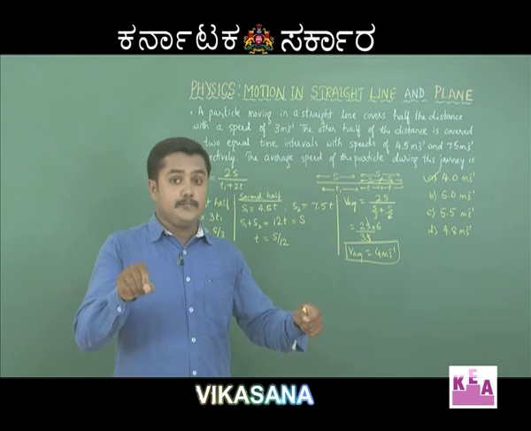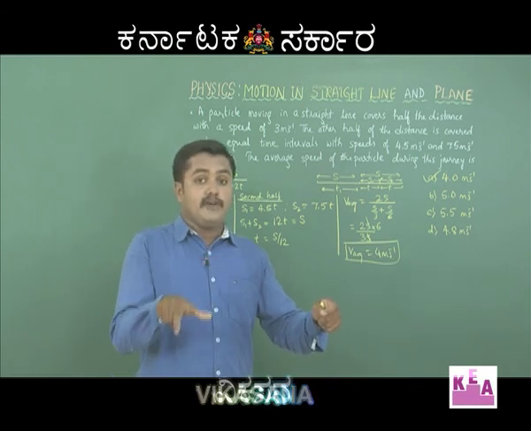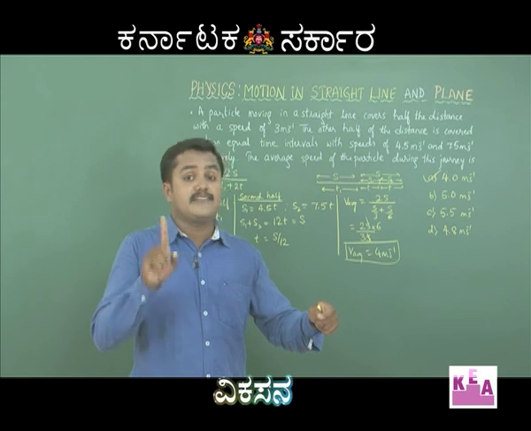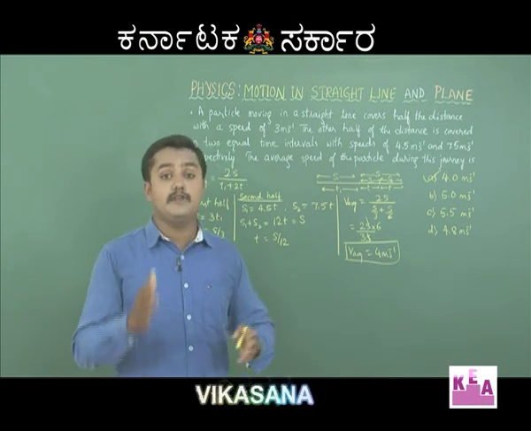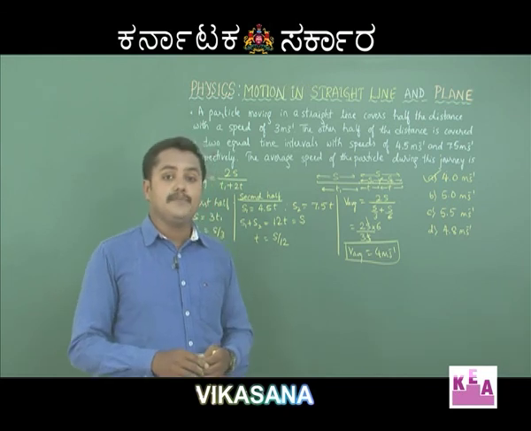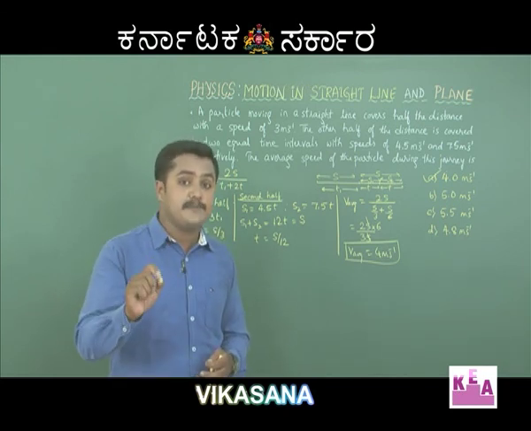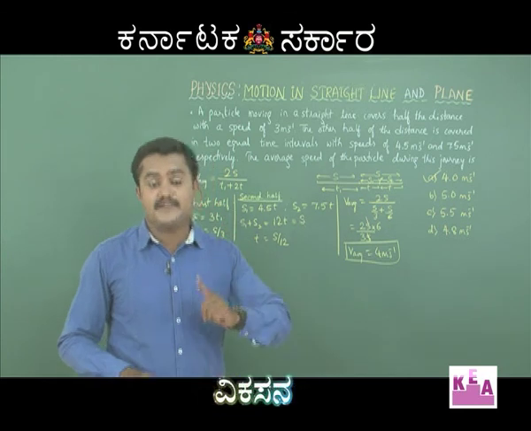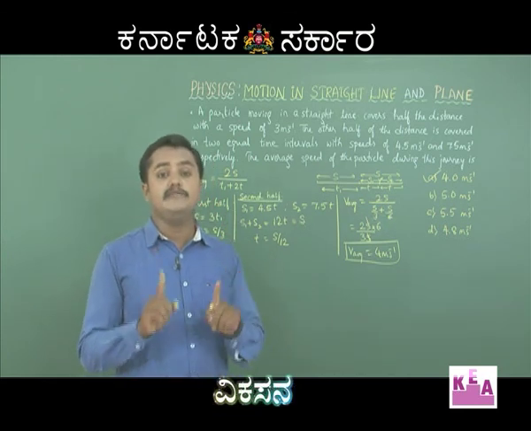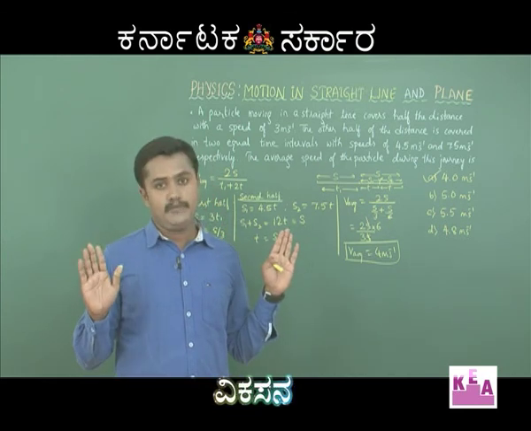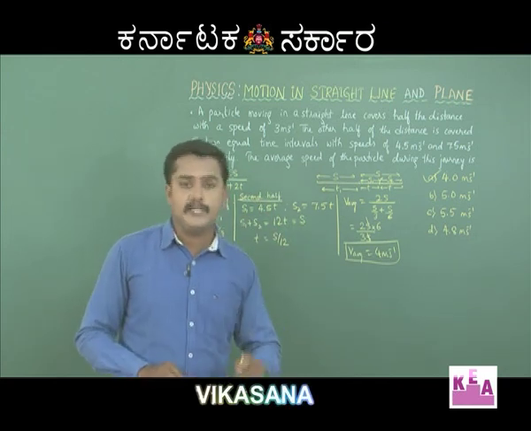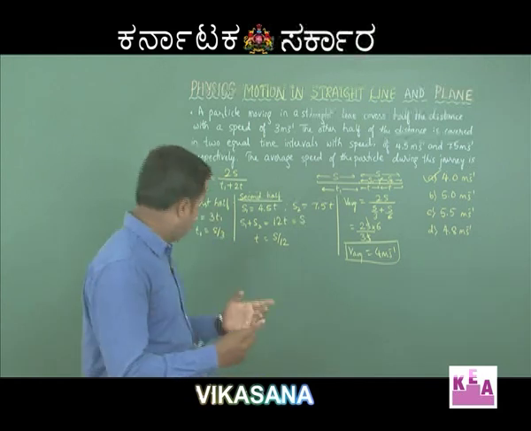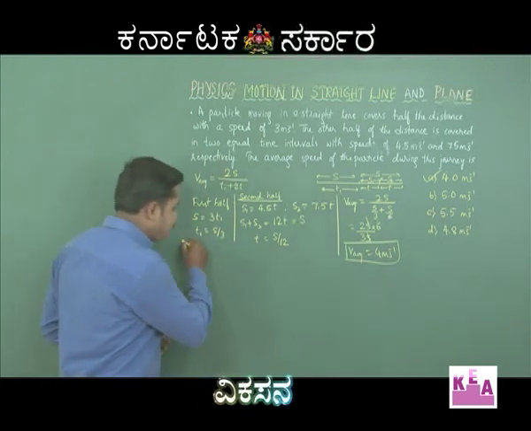That is, in the problem they will mention that the first 30 minutes is covered with a velocity V1 and the next 30 minutes is covered with a velocity V2. Then what is average speed? So, remember this formula: average speed in this case, when time is divided, is given simply by V1 plus V2 by 2. I repeat, V average is equal to V1 plus V2 divided by 2 when time is divided. Let me write that formula.